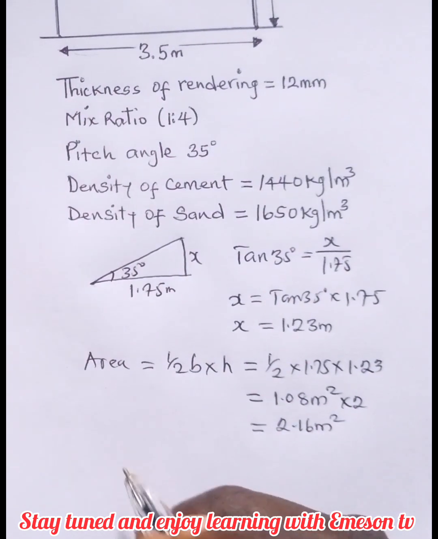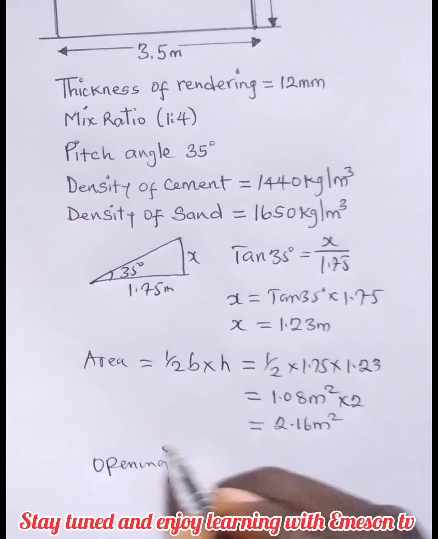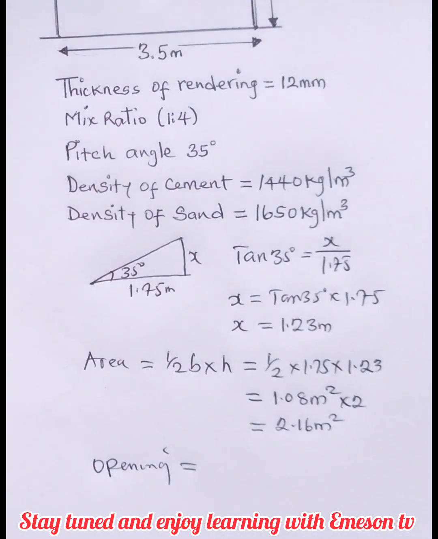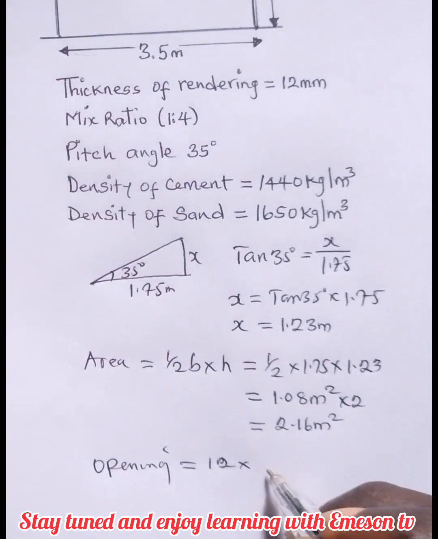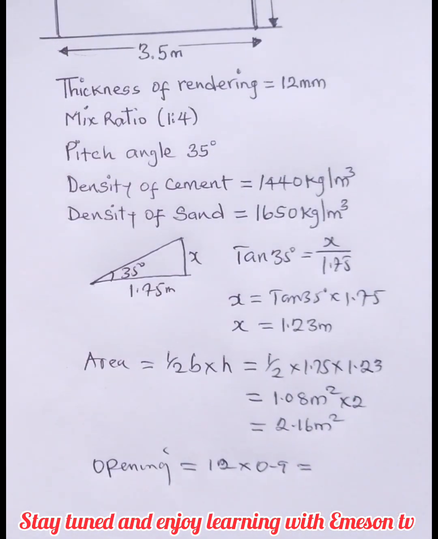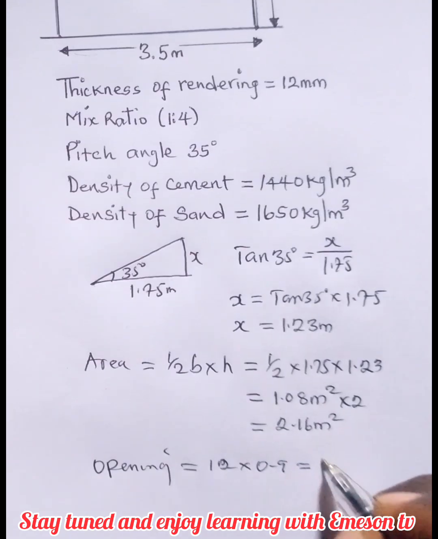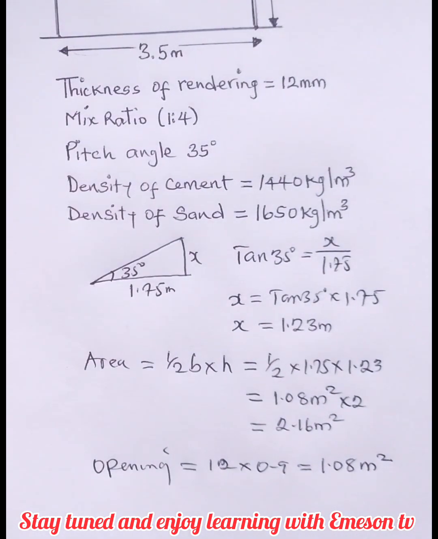Then let's look for the area of the opening too. The opening is equal to that of the window. The size of the window is 1.2 by 0.9, which is equal to 1.08 meter square. So I've known the area of the opening.